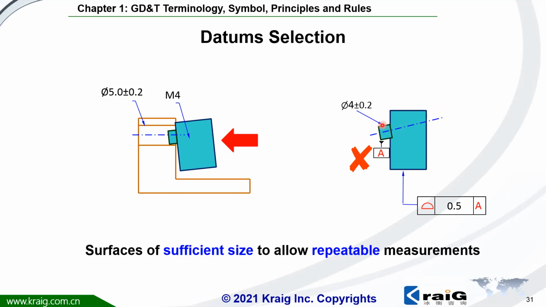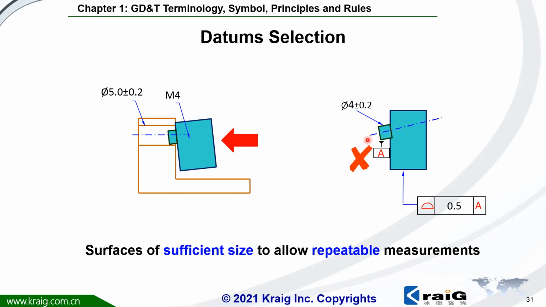Just imagine if this pin rotate a little bit, the axis is going to rotate accordingly. Eventually, we're going to use this axis as a datum. And you could understand it's going to have a big exaggerated error, because from the short pin, it's not easy to get a stable datum axis.